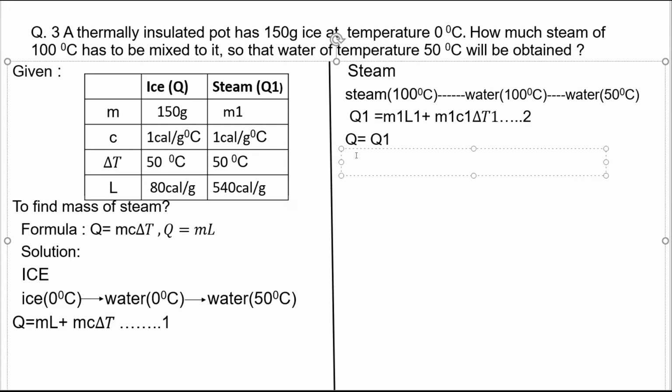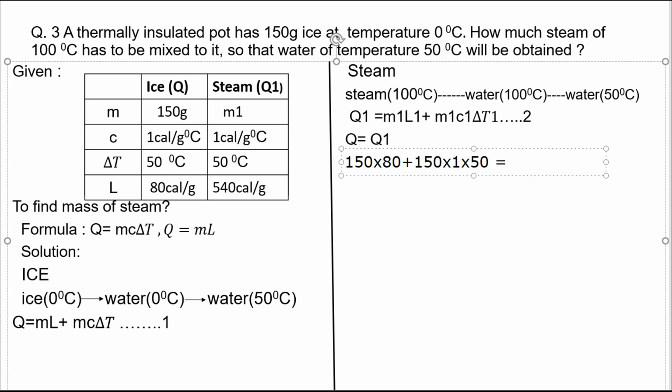What is mL? m is mass of the ice, that is 150, into L is 80, plus mc delta T. m is 150 into c is 1 into delta T is 50, equal to Q1. Q is equal to Q1.